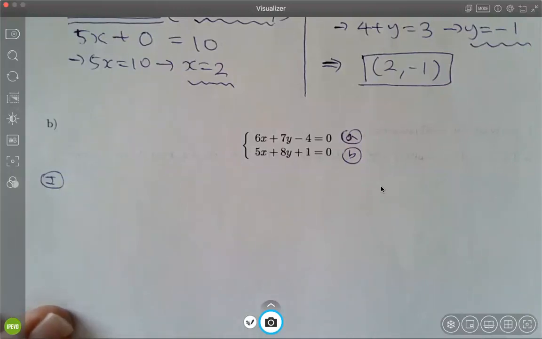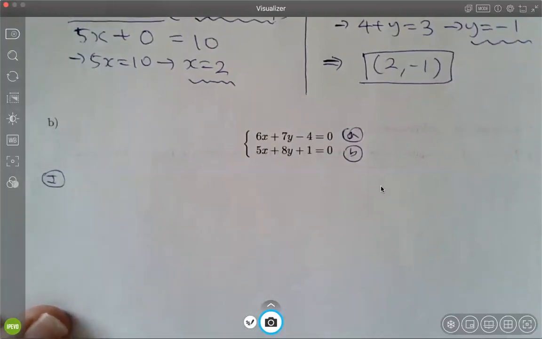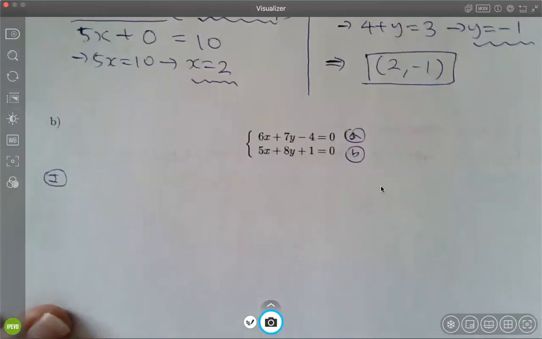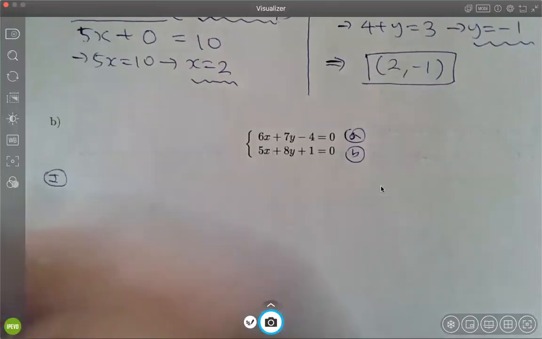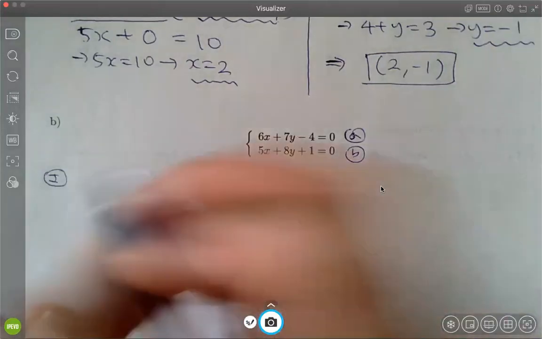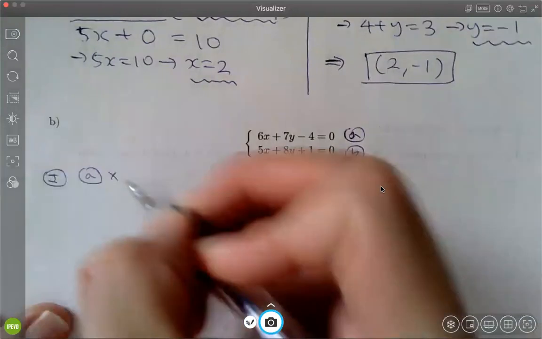Again, your goal is to get the opposite coefficients. So what is one option? There can be multiple options here. 30 and -30. For X, so multiply the top equation by what? 5 or -5. It doesn't matter, but 5 you said?